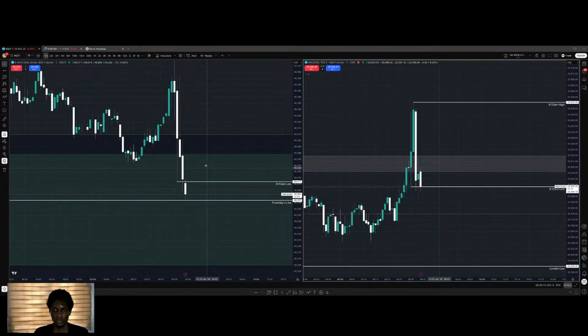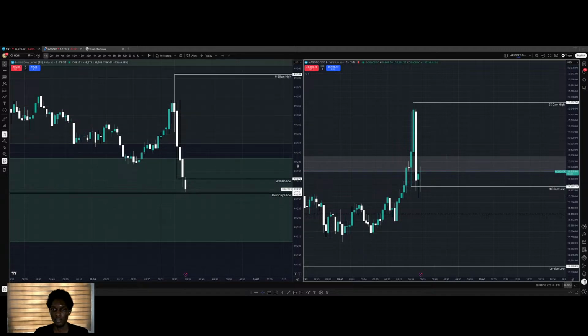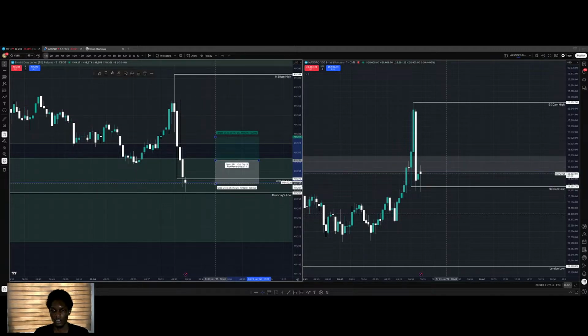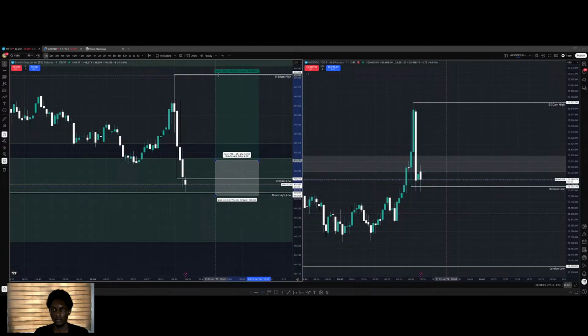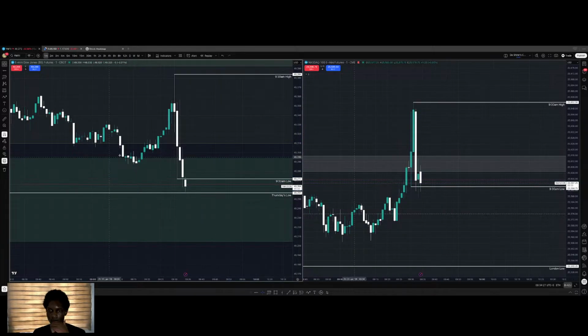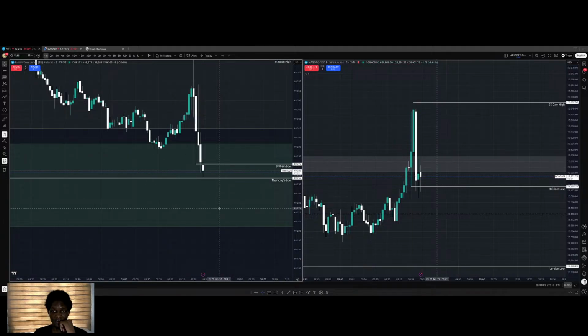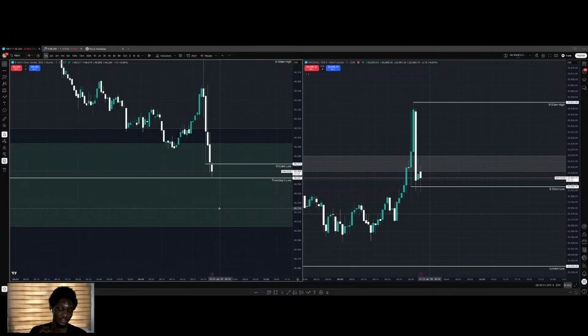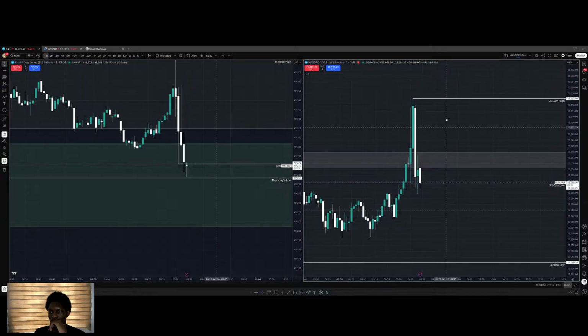Once we tag this low, we break here, look for buys. So something like this. So we do have a 9:45 news. So if it does this quick, I'll take it. If it doesn't, then I'll have to wait till after the news.